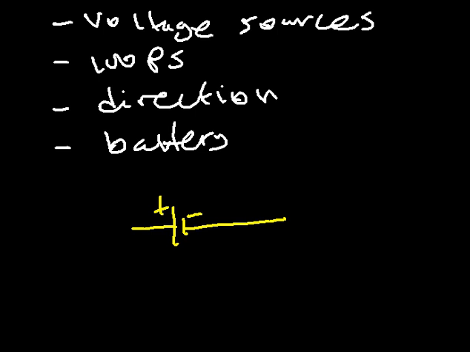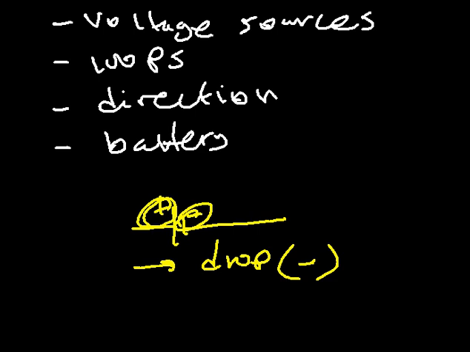Now when the current is flowing from the positive terminal to the negative terminal, it is a voltage drop, and it is given as negative voltage. Likewise, when the current is flowing from the negative terminal to the positive terminal, that is a voltage gain, and it is given as positive.